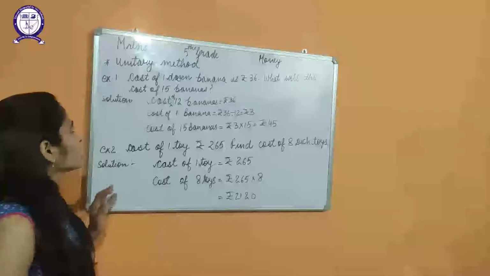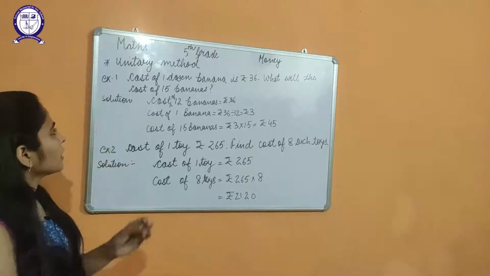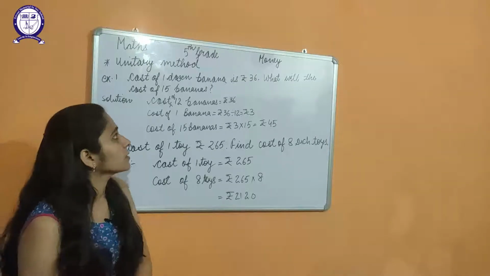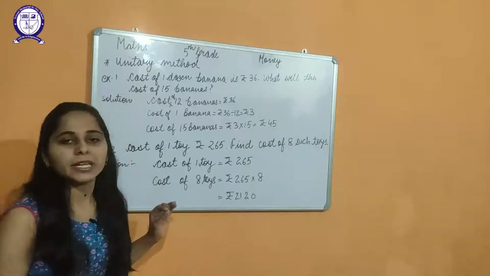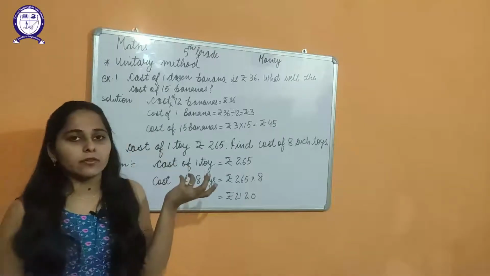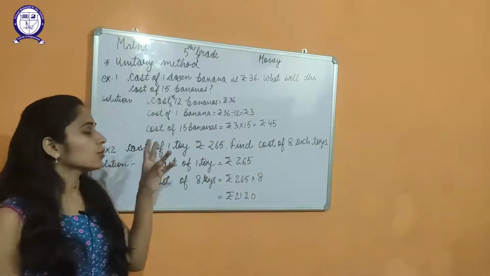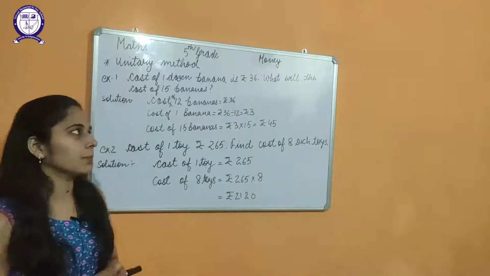Now students, here is the unitary method to find out the cost of anything. The first example is: cost of 1 dozen bananas is rupees 36. What will be the cost of 15 such bananas? If the cost of one thing is given and you have to find out more than that, what will you do? You will multiply.